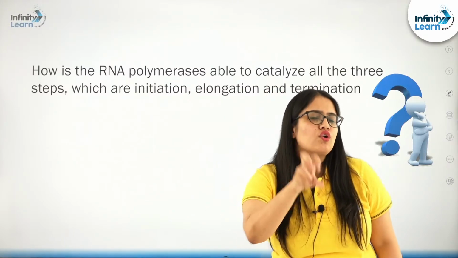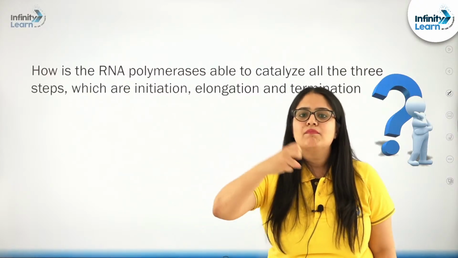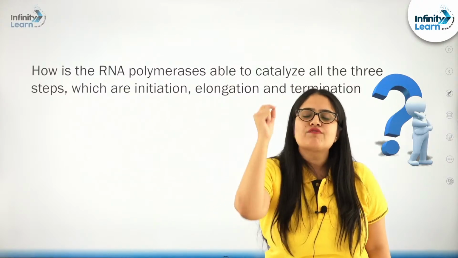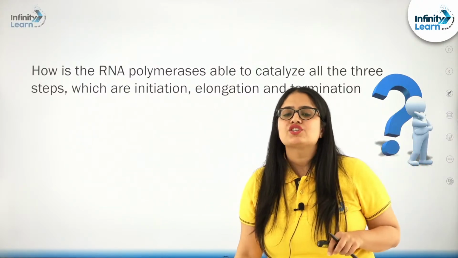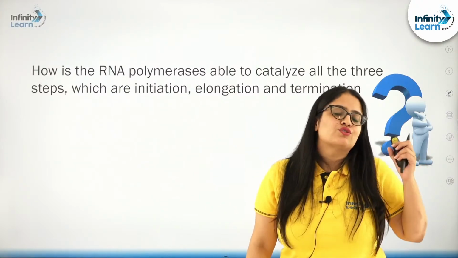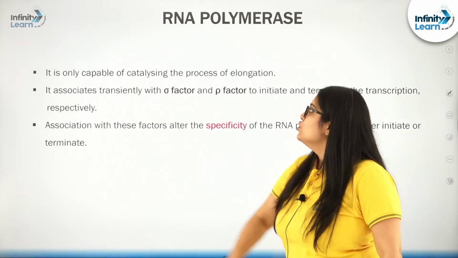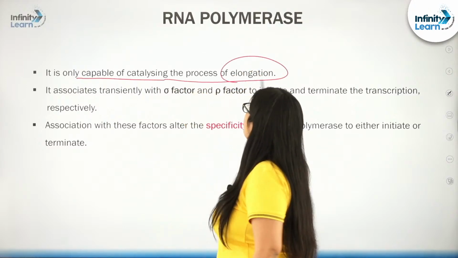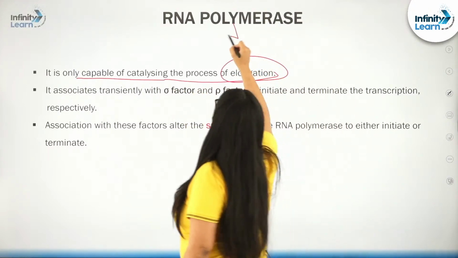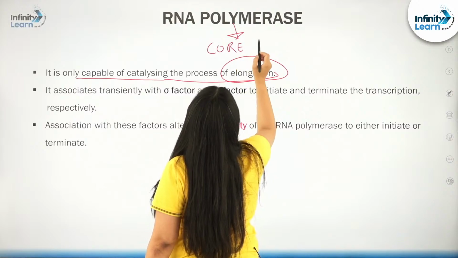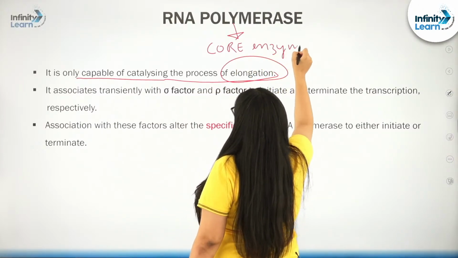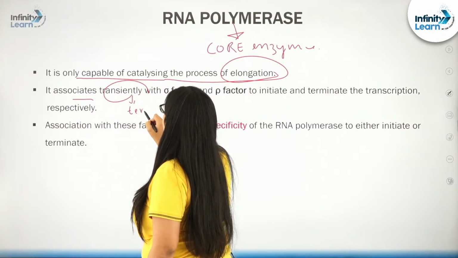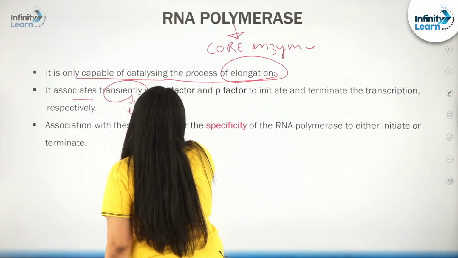When this core of RNA polymerase binds with sigma factor, it can do initiation. When the core of RNA polymerase binds to the termination factor or rho factor, it can terminate or stop the transcription process. So, RNA polymerase, maybe we are talking about the core enzyme, is only capable of catalyzing the process of elongation. It associates transiently, transient means temporarily.